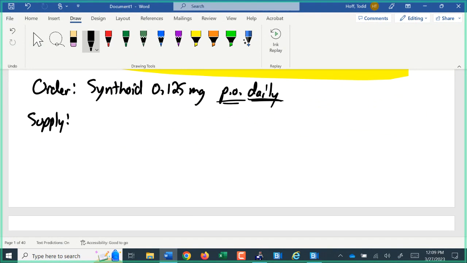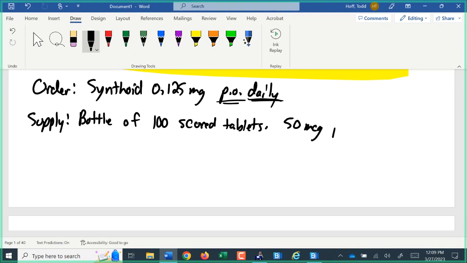Our supply, bottle of 100 scored tablets. Again, the only useful information there is scored at 50 micrograms per tablet. So it's really the 50 micrograms per tablet that helps us. The score tells us we can round to the nearest 1/2 a tablet if needed.